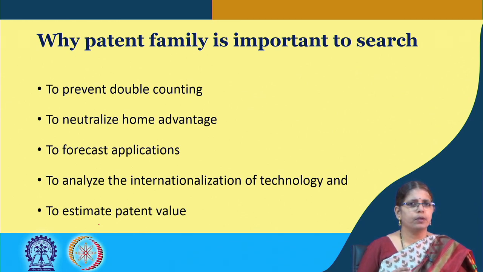With its spread in different jurisdictions, one can also understand, is this technology representing a set of inventions which are captured in multiple jurisdictions, in which case most likely it is actually a technology which is going to be applicable at the global front.